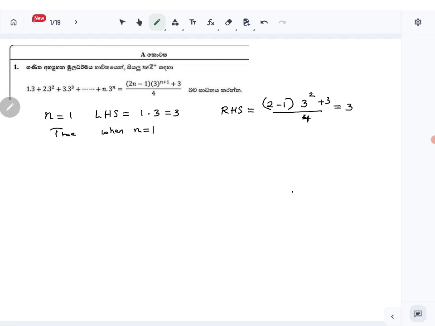Right. Then let's assume this is true when n equals k.